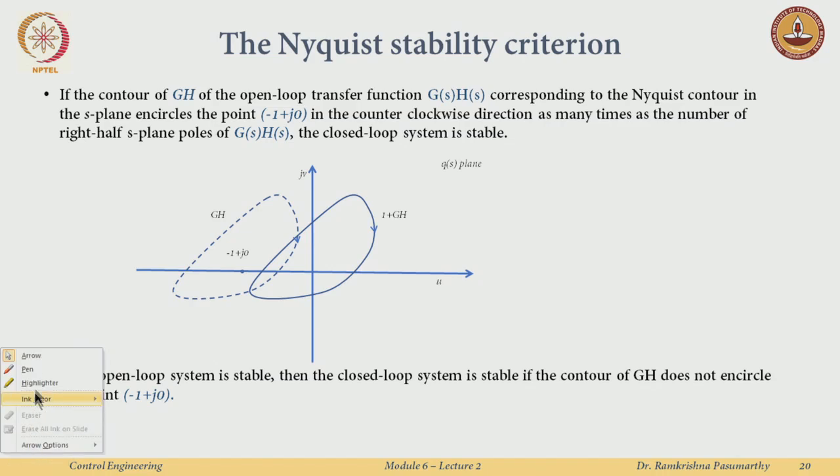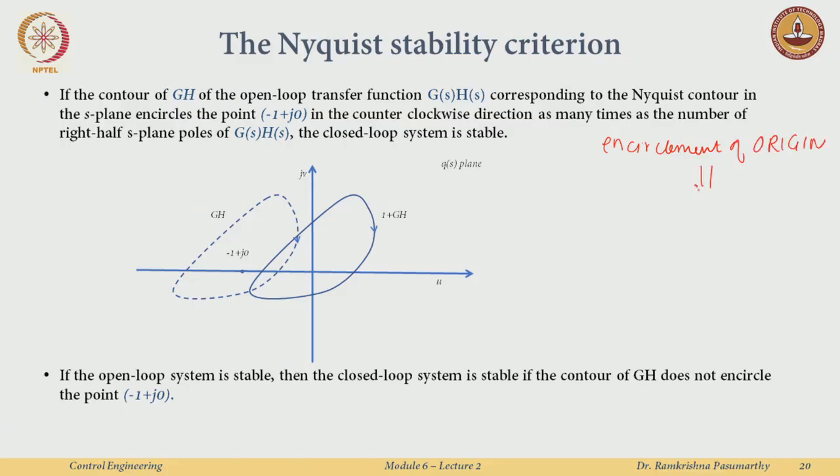Everything remains the same, just that the encirclement of the origin now translates to encirclement of minus 1 plus J0. You just go to the previous slides, replace the origin with minus 1 plus J0 and you will have this thing.